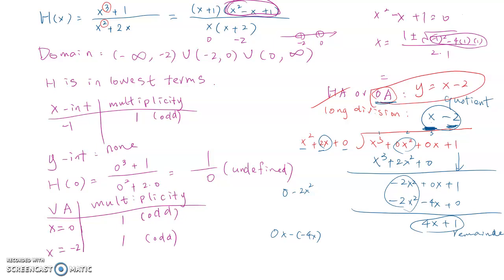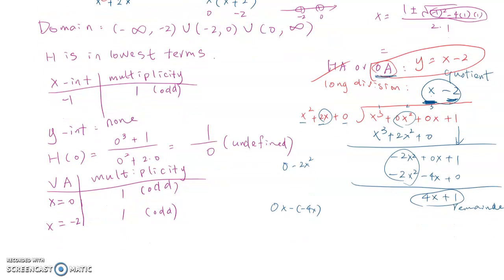All right, now we want to find out if our graph will intersect the oblique asymptote, which is y equals x minus 2. We'll use the same method. We will put the two equations in the system. So the equation for h is like this. And the other equation is y equals x minus 2, the oblique asymptote.